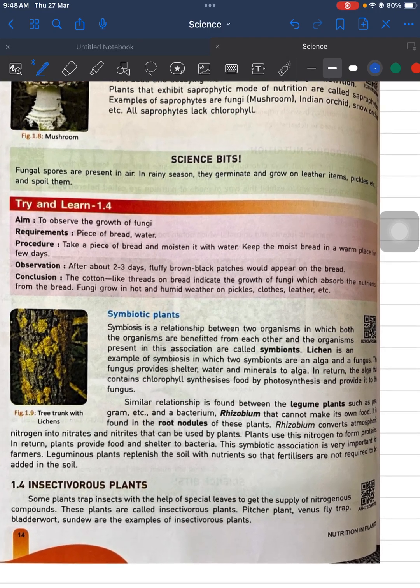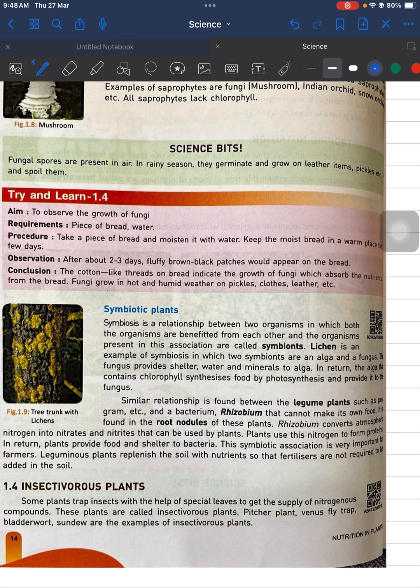The next type of heterotrophic nutrition is the symbiotic relationship. In a symbiotic relationship, there are two types of organisms which help each other. An example of such a symbiotic relationship is lichen. In lichen we have algae and fungus, both living with each other.